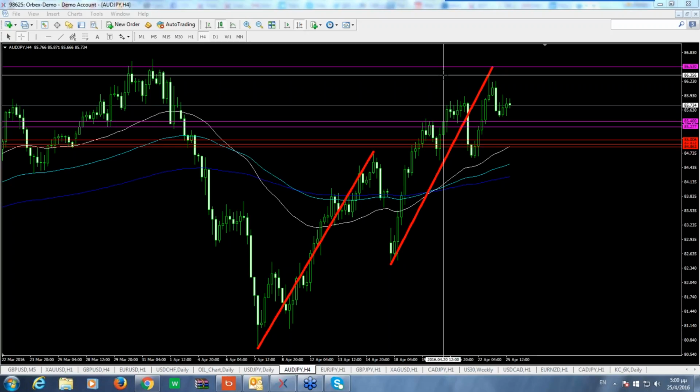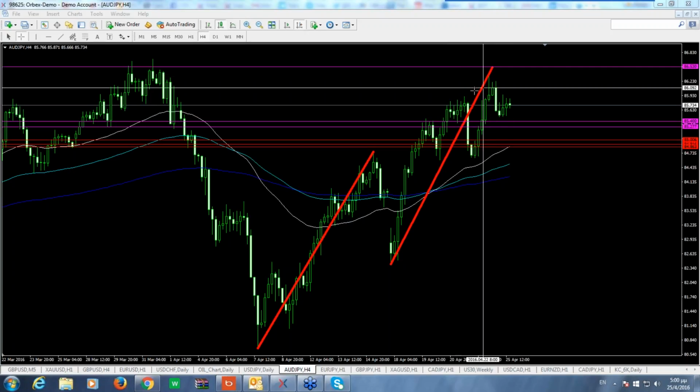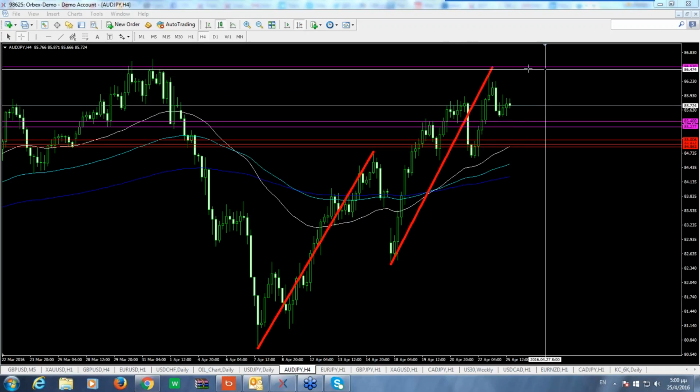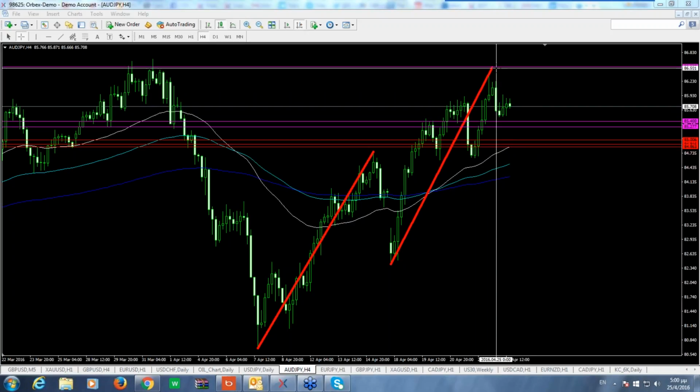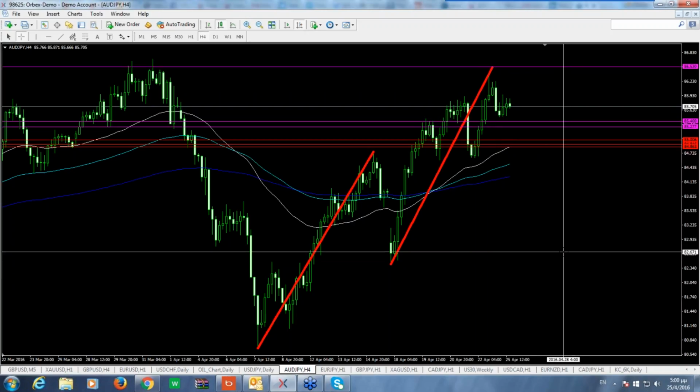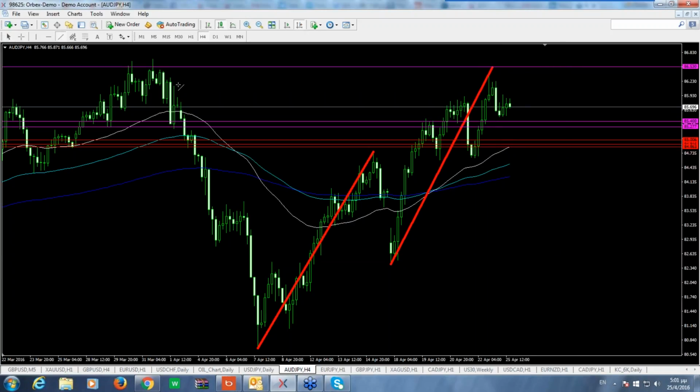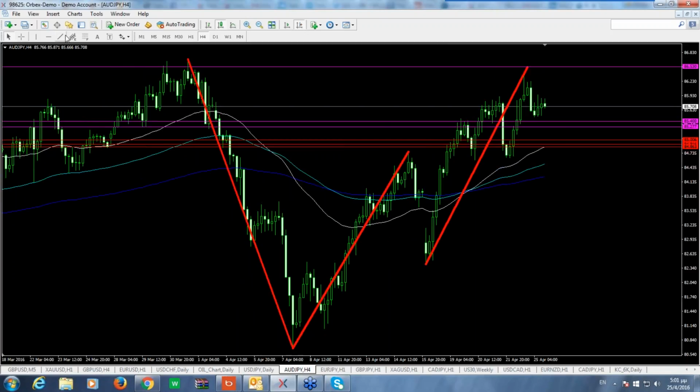Okay, so 86.34. All right, that's the area there. Probably a little short of the target here. Okay, but here on the AUD JPY, we may have this W-like pattern here as I draw.